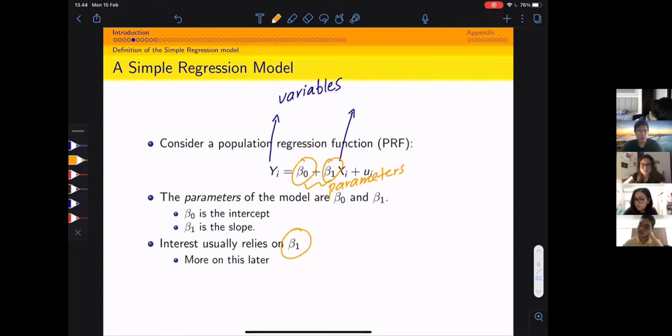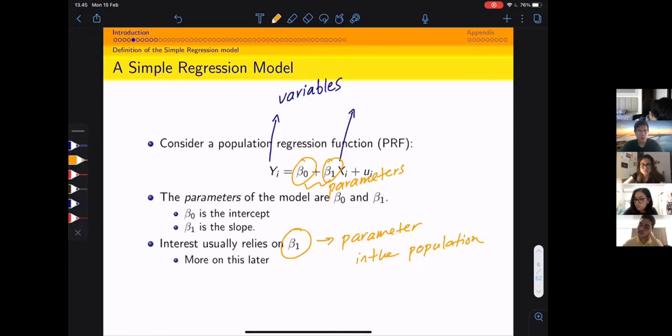Again, beta 1 is the value of the parameter in the population. We don't know what the value of the parameter is. It's something that is unknown.